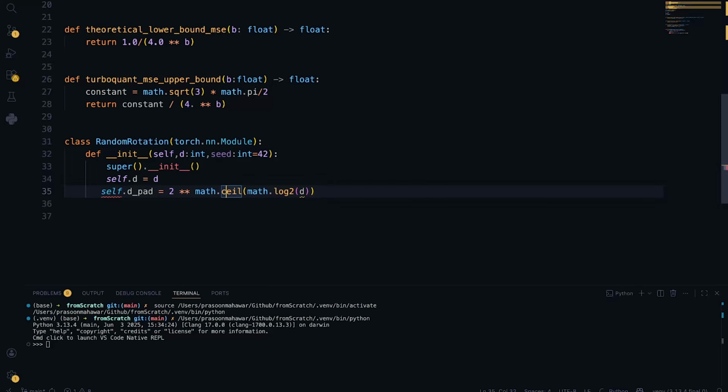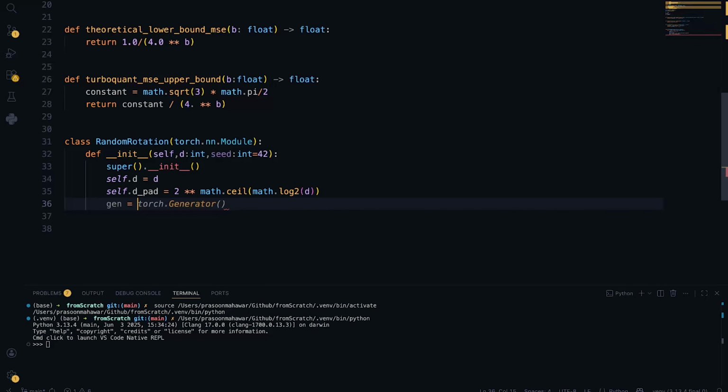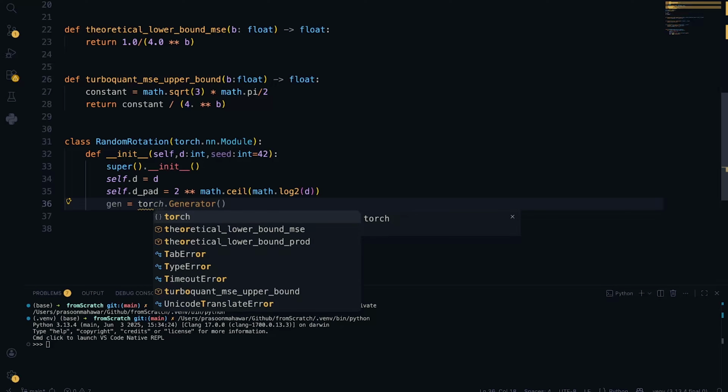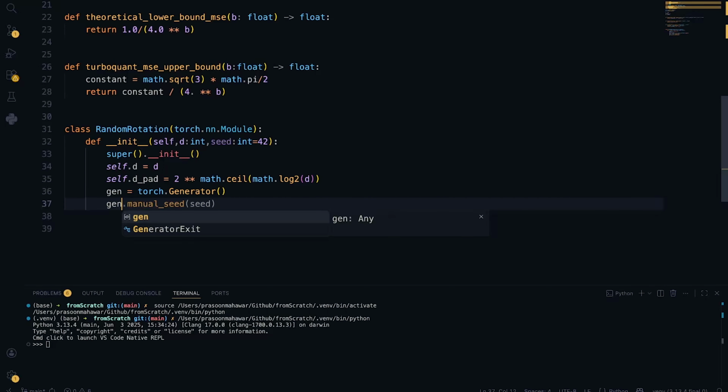Let me just fix the indent. The third thing will be gen equals torch.Generator. So this is the random diagonal matrix. This randomizes which dimension gets flipped. Fixed seed, so the quantizer and dequantizer use the same rotation. And the seed we will give is taken from the constructor parameters.